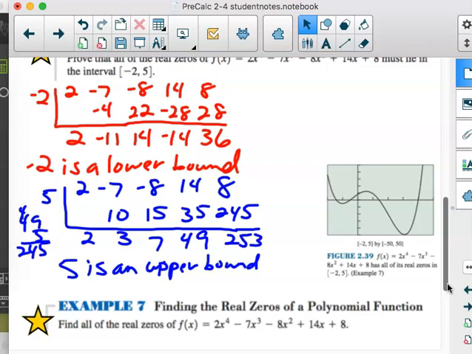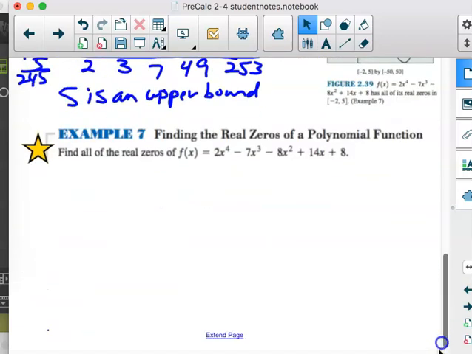But this is the algebraic way, and remember, that's what this course is about, trying to show mathematically everything that we possibly can. Sometimes we have to use the graphing calculator, but most of the time we're using algebra to show that everything's working. So those were our upper and lower bounds.